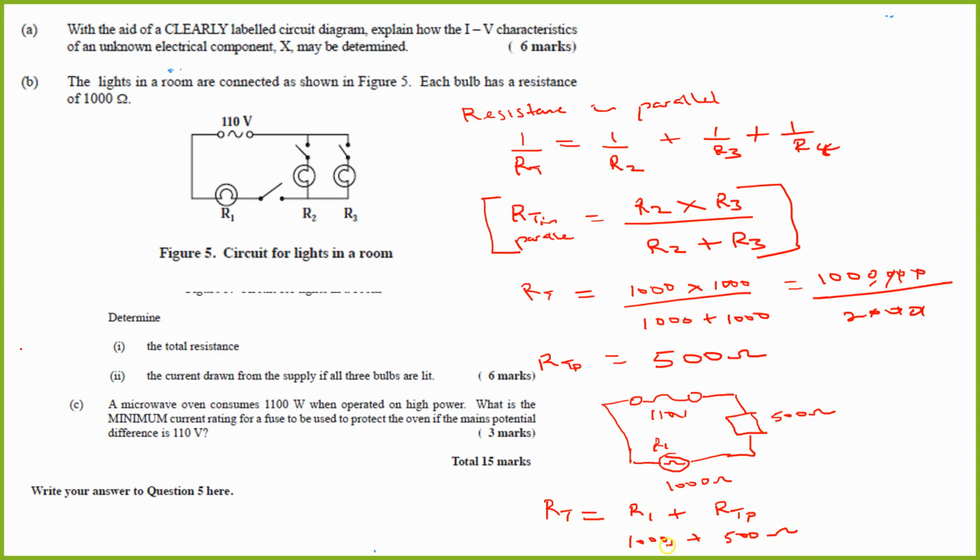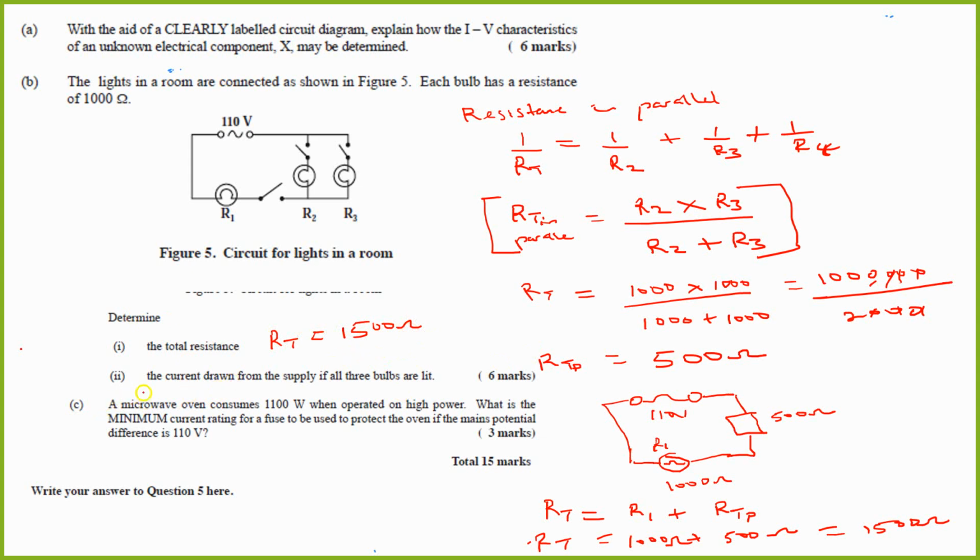And all of these are ohms, by the way, so we need to put in the unit for ohms. So RT at the end of the day is going to equal 1,500 ohms. So you go. Yes, sir. All right, so that's our resistance.